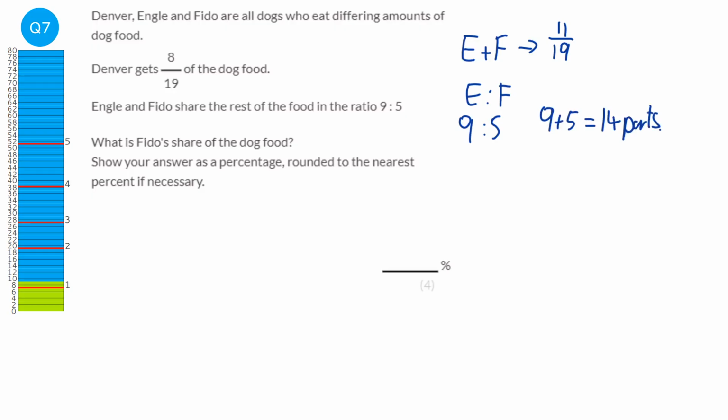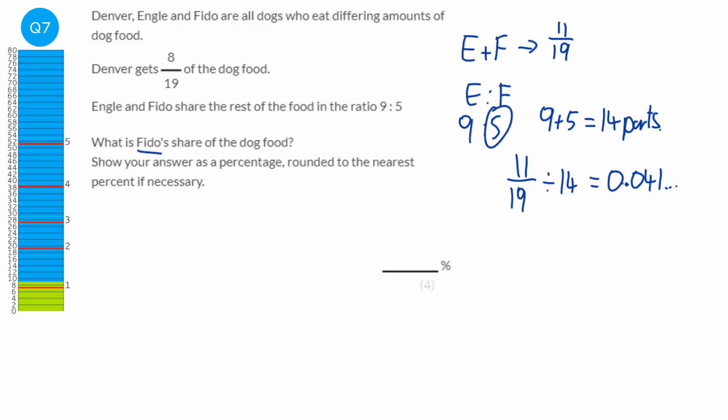So there are 14 parts in total, and the share that they get is 11 over 19. So what I'm going to do is to find out what fraction one of those parts is worth by dividing 11 over 19 by 14. So each part is worth, and I'm just going to keep this in my calculator, 0.041 and so on. And we're asked to find Fido's share.